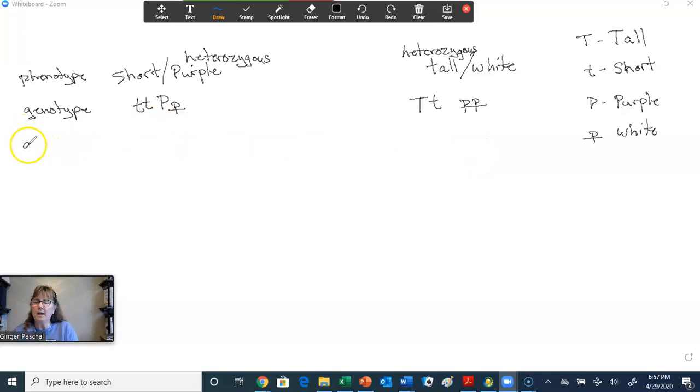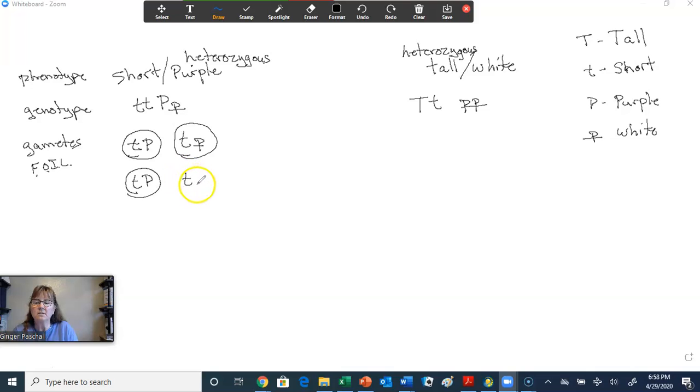So let's talk about our gametes. Now, we said we would FOIL. So our first is capital T, excuse me, lowercase t, capital P. Our outer is lowercase t, lowercase p. Our inner is lowercase t, capital P. And our last is lowercase t, lowercase p.